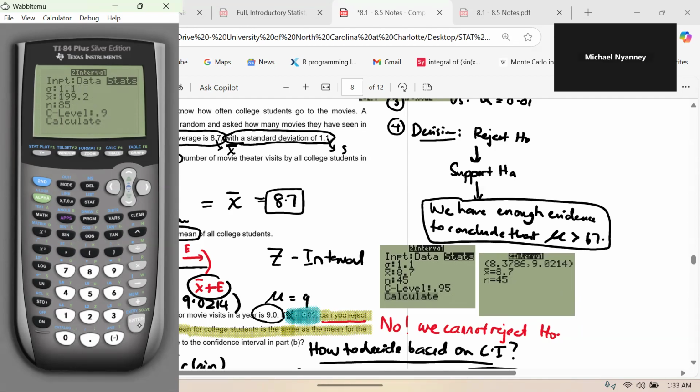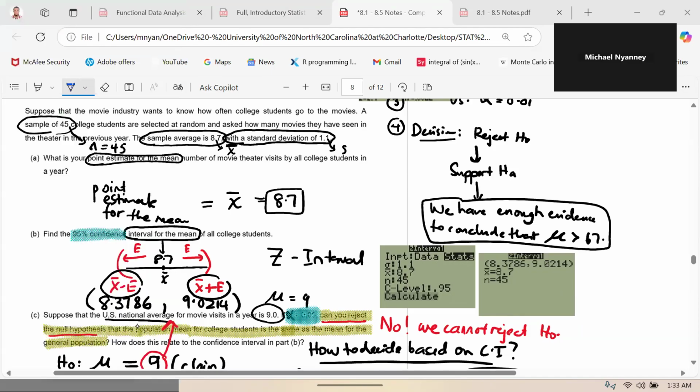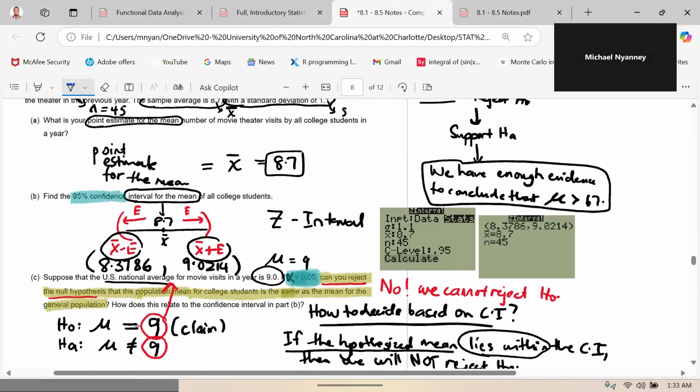The x-bar is 8.7. The sample size in the question is 45. And the confidence level is 95, so 0.95. Now you calculate. This gives me my 95% confidence interval using the calculator. We have a way of also doing it. I think we've done that before.